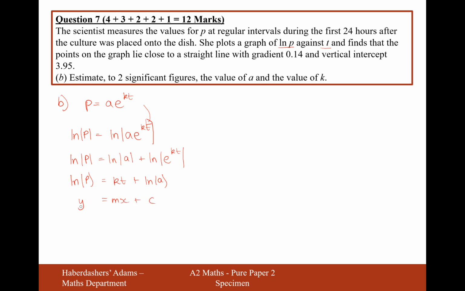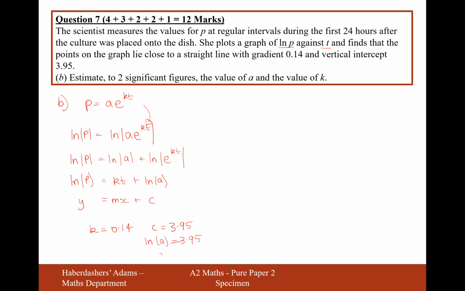Y is represented by ln p, t is represented by x, k is the gradient m, and I've been told in the question that the gradient is 0.14, so k must be 0.14, and the y-intercept, which is c, is 3.95, but in my equation I've got c as ln a, so ln of a is equal to 3.95.